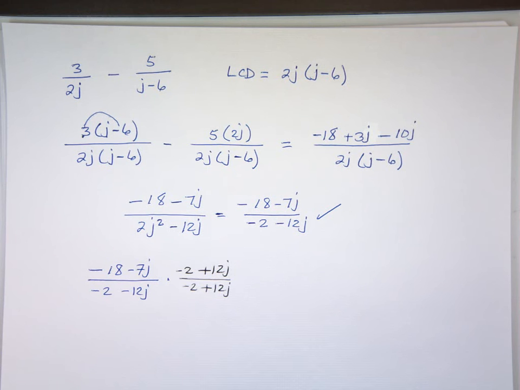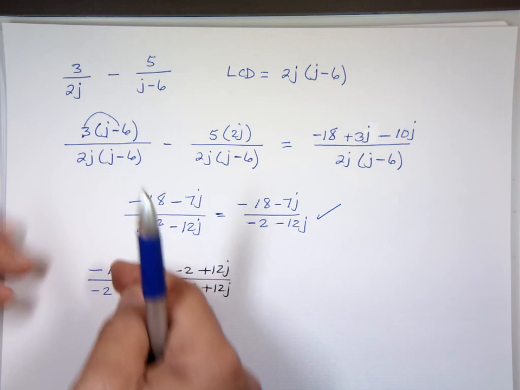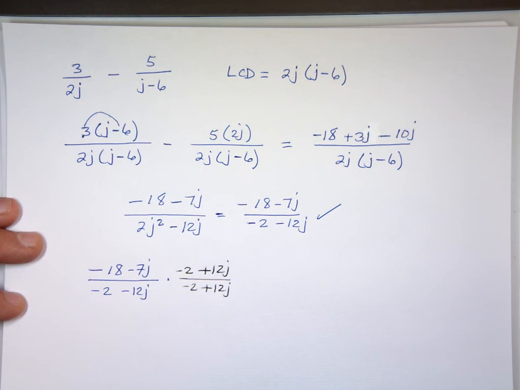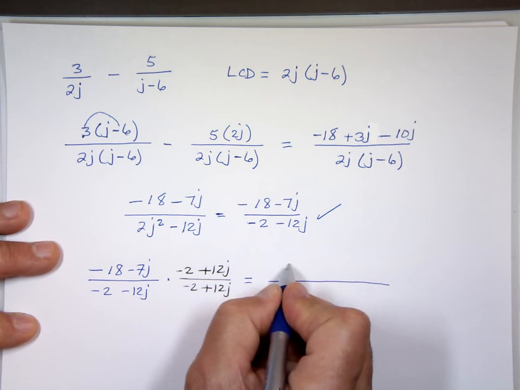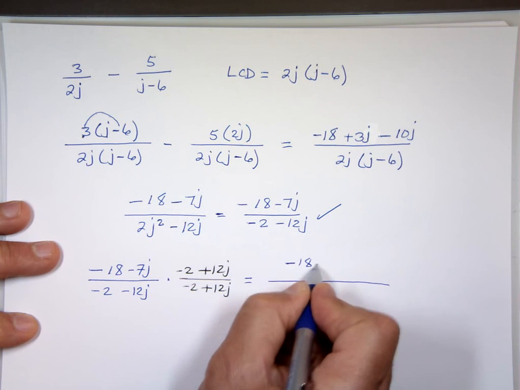Because when they give you complex numbers, a lot of times they want the answer as a complex number. That's not a complex number. That's a complex number divided by a complex number. So they want to simplify it. I'm leaving a space so I can draw the lines back and forth when I FOIL it.